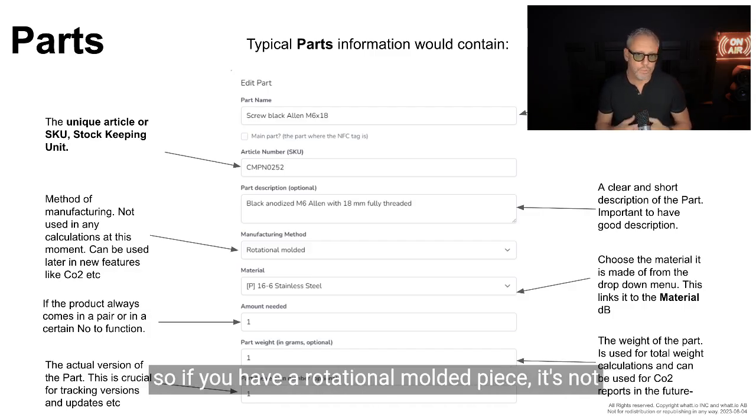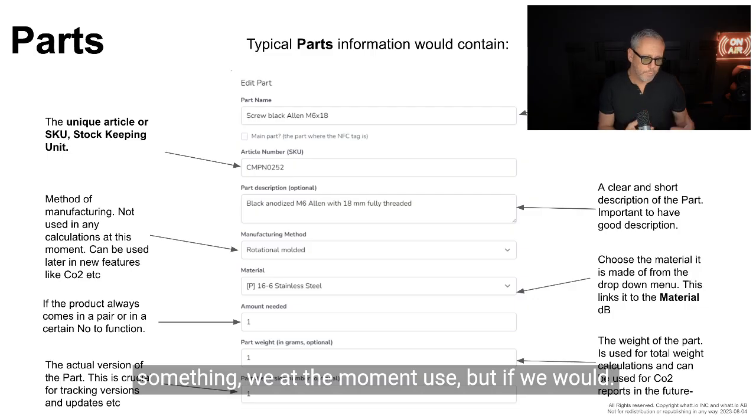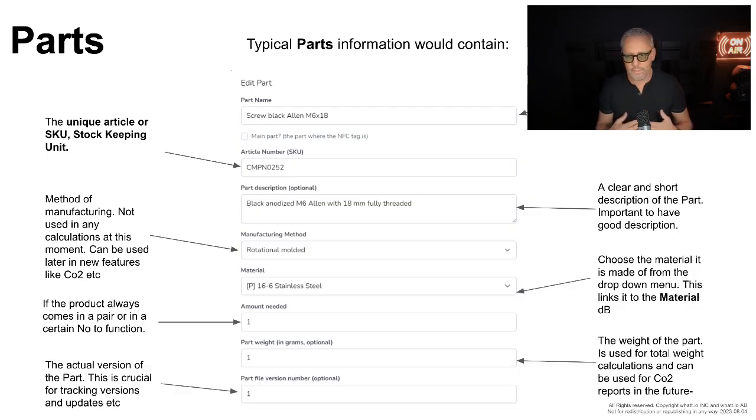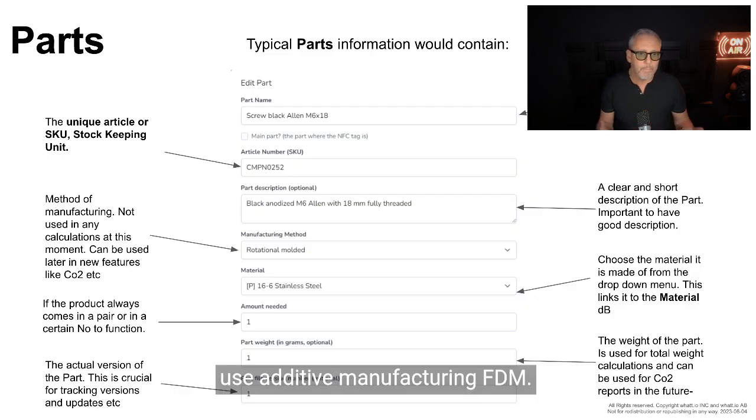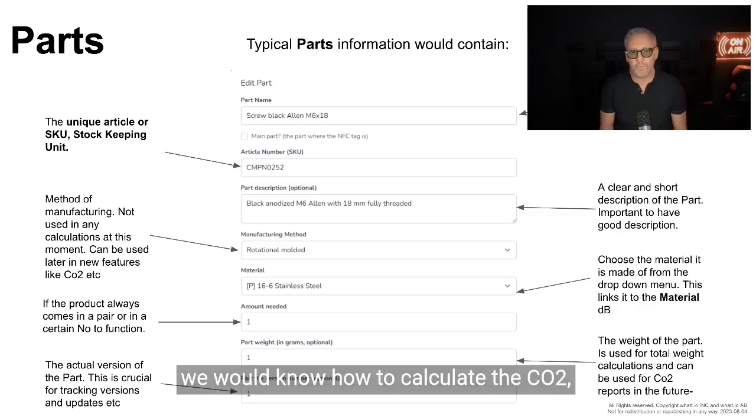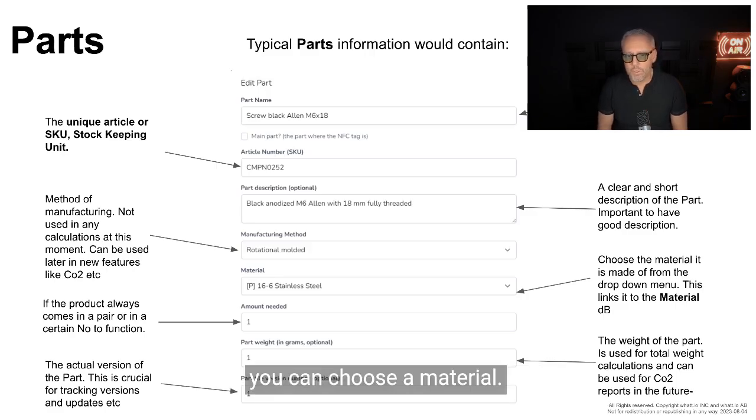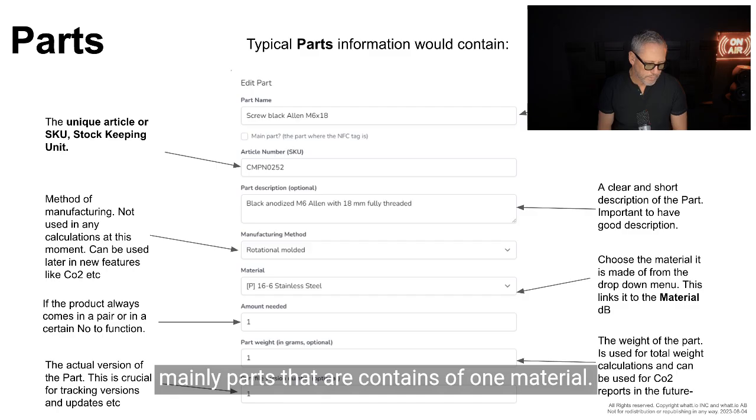So if you have a rotational molded piece, it's not something we use at the moment, but if we would add here that you use additive manufacturing, FDM, we would know how to calculate the CO2 from the factory level, so to speak. You can choose a material, and of course these are mainly parts that consist of one material.